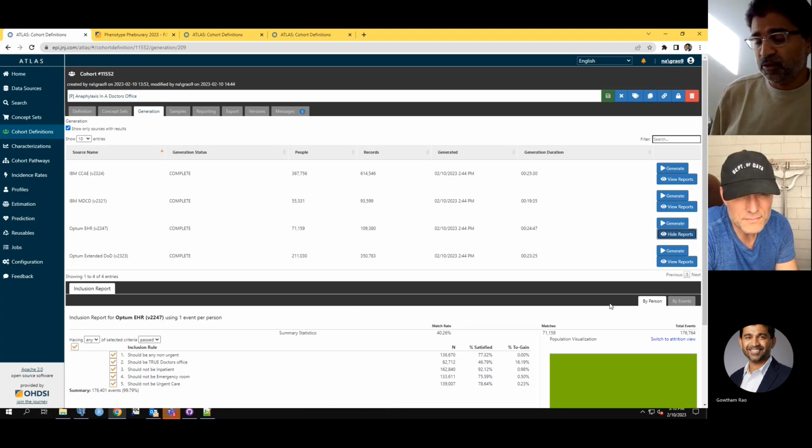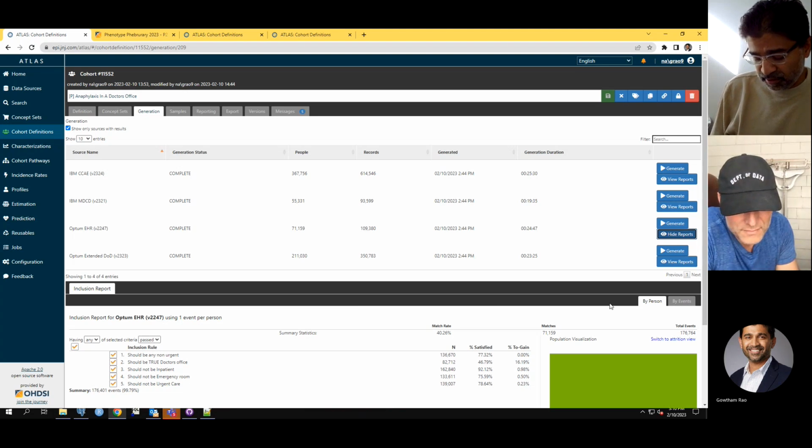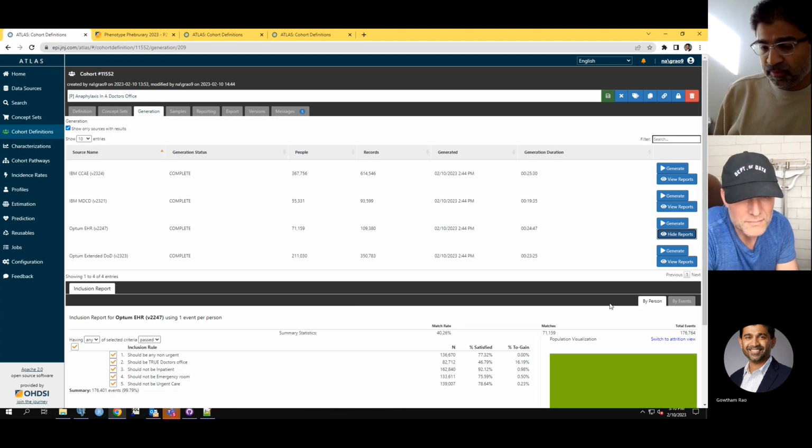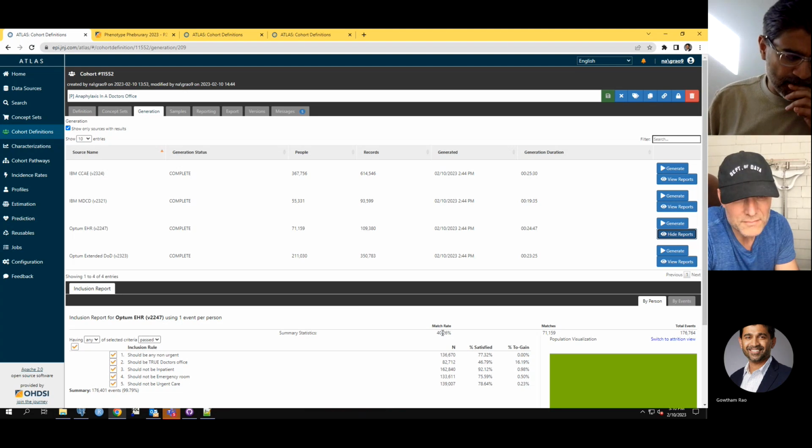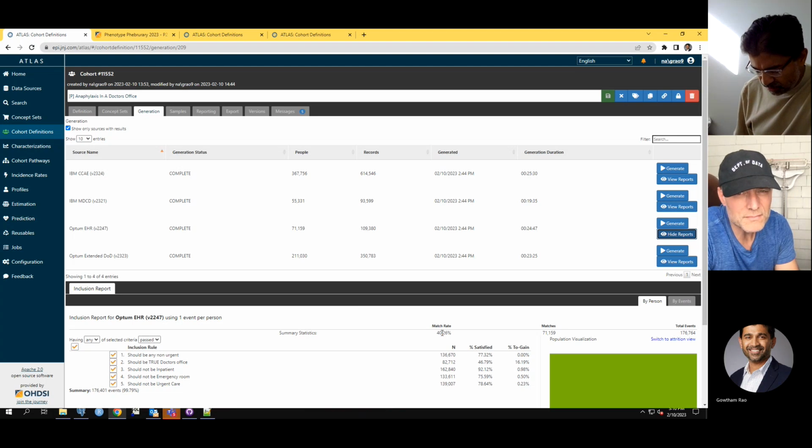Yep. So let's look at the composition of it, and let's identify the flip of this and do a comparison. If you observe that the characteristics of the people who meet the inpatient ER criteria are different from the characteristics of these people, we have evidence that they're different.